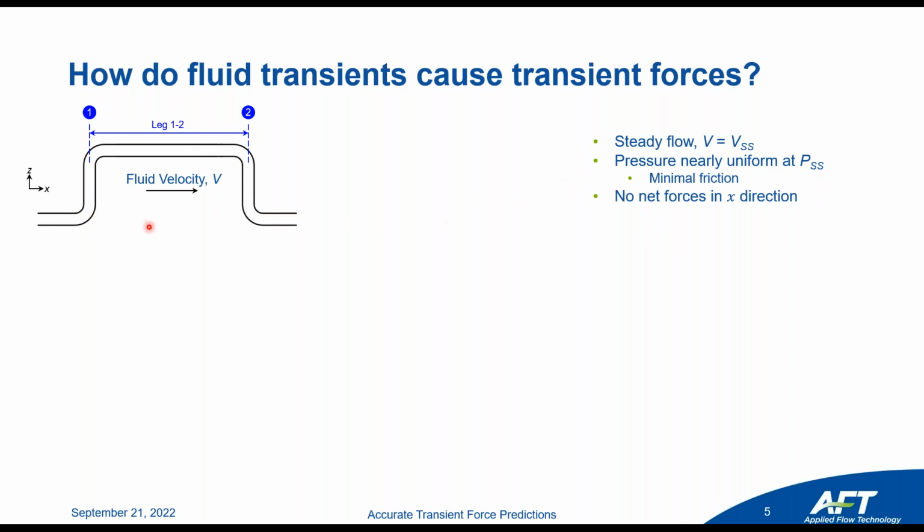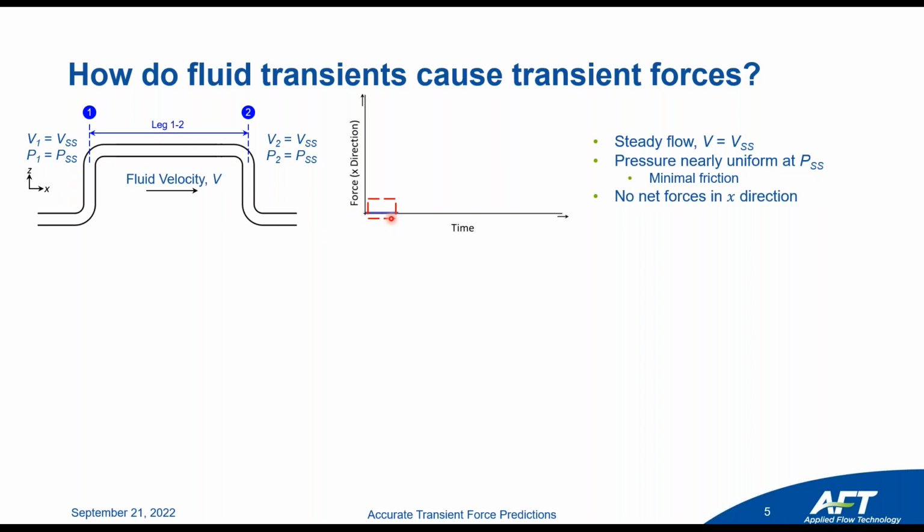In a situation like this, because the velocity is constant, this is constant diameter pipe, and the pressure is at steady state with minimal pressure loss, there are no net forces. So if you were to plot the force versus time in this particular leg of piping, you're going to see over time the net force is 0.